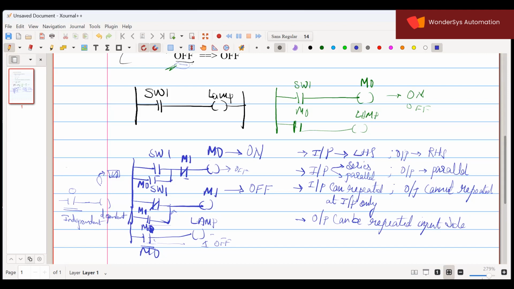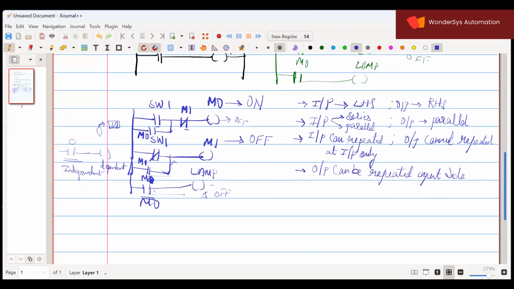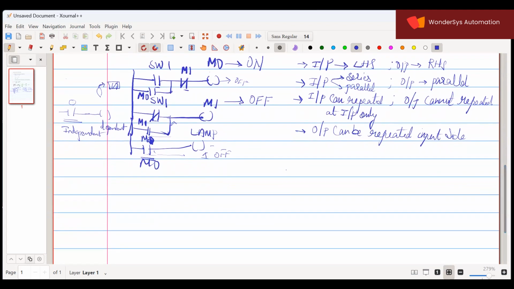Any confusion? Now we'll come to the nomenclature part. You're asking why I am using M0, M1. According to me, M stands for memory, and M0, M1 represent the number of the particular memory.